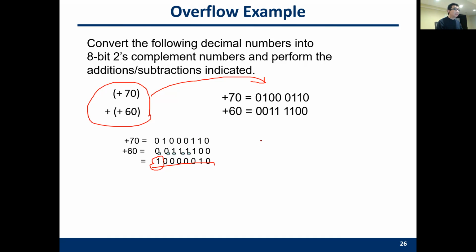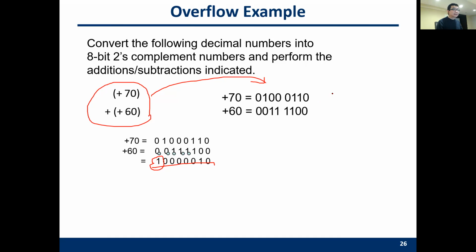The overflow means we cannot represent a very large number by only a few bits, or we want to represent a very small number by only a few bits. So we need to have more bits to correctly represent this number.